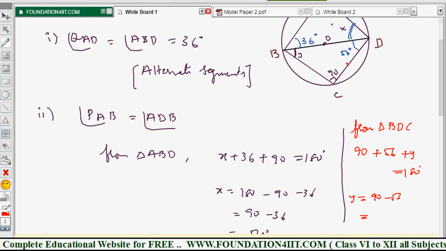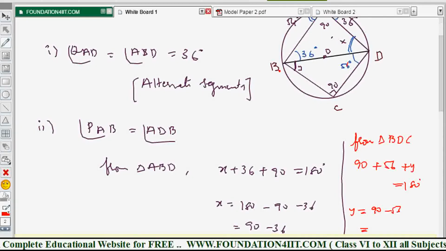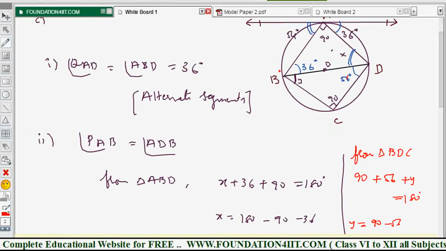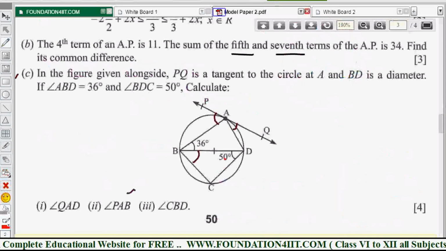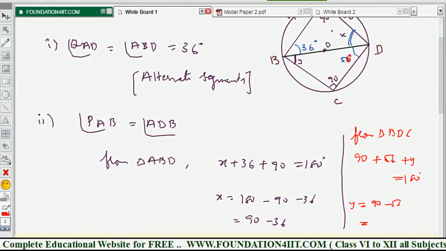CBD, right? Already angle BDC is 56 degrees, so the same angle is mentioned in this question. Okay, sorry, this is 50 degrees. So 90 plus 50 plus Y, then 90 minus 50 is 40 degrees.